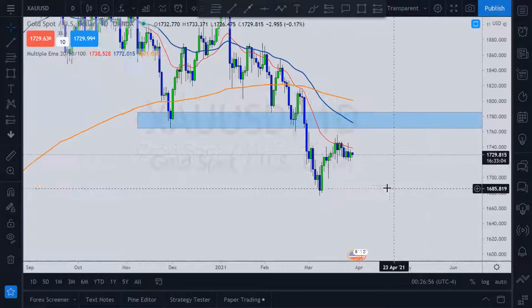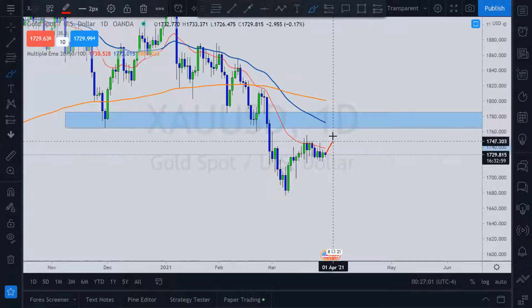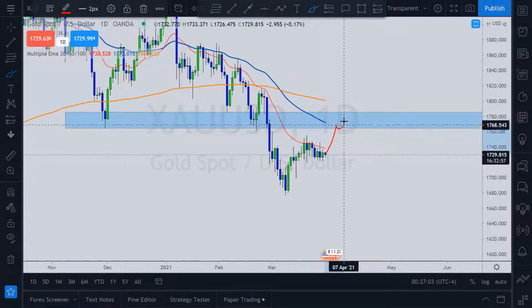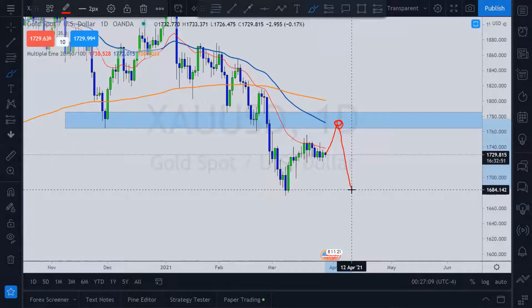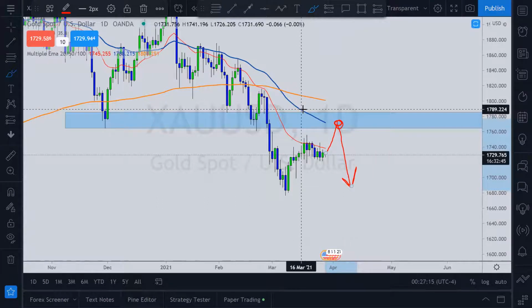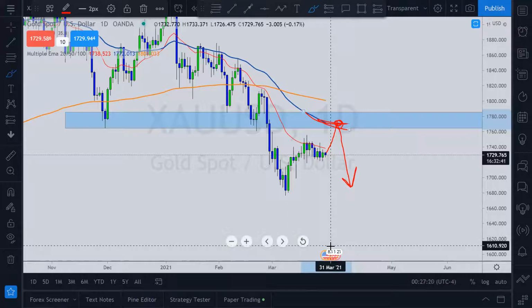So what am I expecting? Like I mentioned, we're looking for price to come up here, retest this area, which was support, now is resistance, and we want to see that rejection from there and price head down. That's the follow through. That's what we want to see. We're probably going to hit this 50 EMA. Pretty sure that's going to happen.